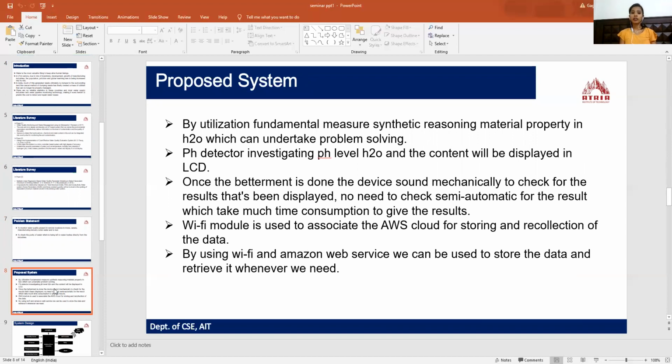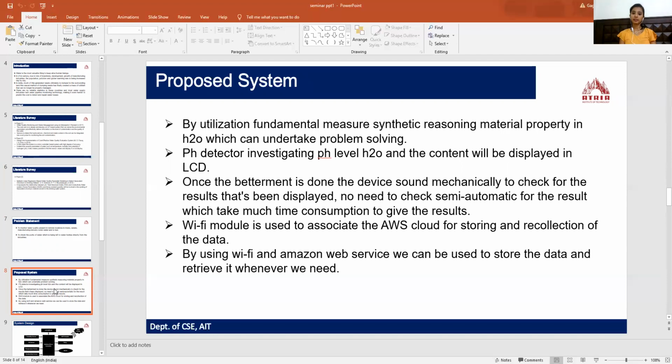This is what we have done in this paper or project. By utilizing fundamental measures and chemical properties of H2O, that is water, we can undertake problem solving. A pH detector investigates the pH level of the water, and the value will be displayed on the LCD.